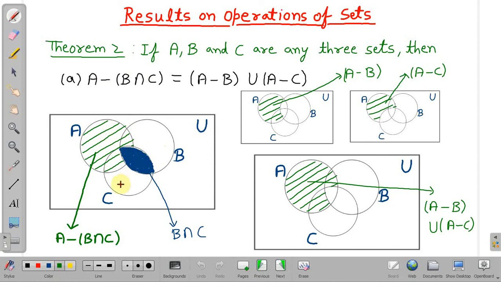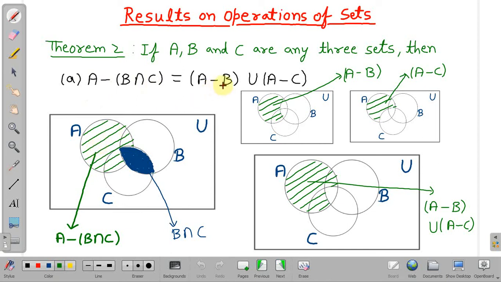Here A, B and C are three sets and U is the universal set. This dark blue shaded portion is B intersection C, and if we remove B intersection C from A, we get this green shaded portion, which is A minus B intersection C.